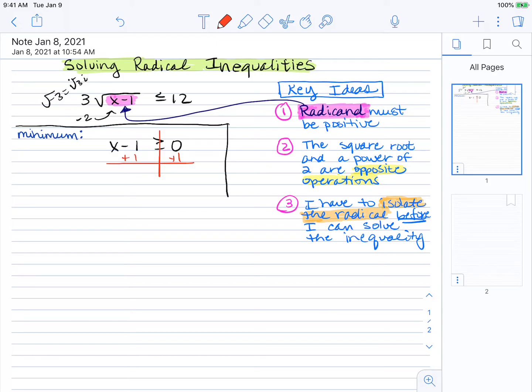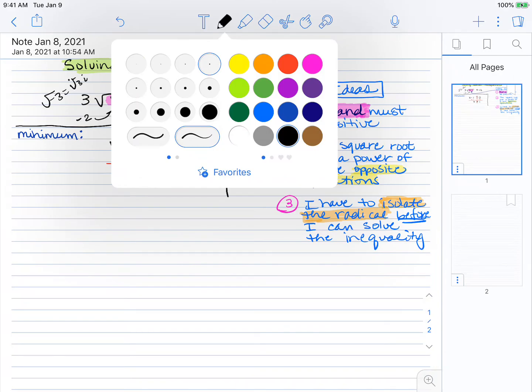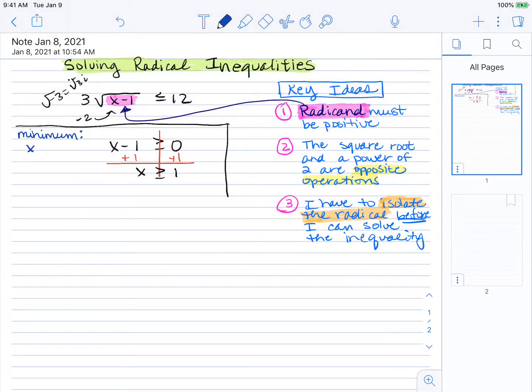And that's going to give me that x is greater than or equal to 1. So the minimum value, the smallest number that my radicand can have for that x is going to be 1. So I need to know that my x has to be greater than or equal to 1, or that 1 is the minimum value for x, right? So I can say this in both ways.